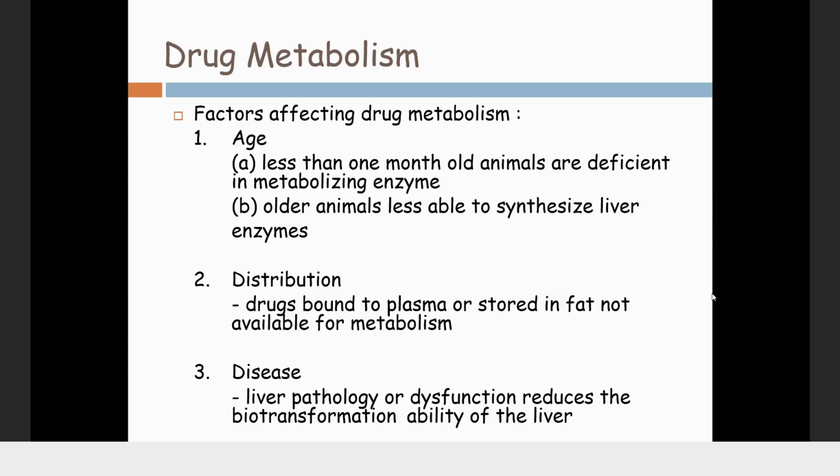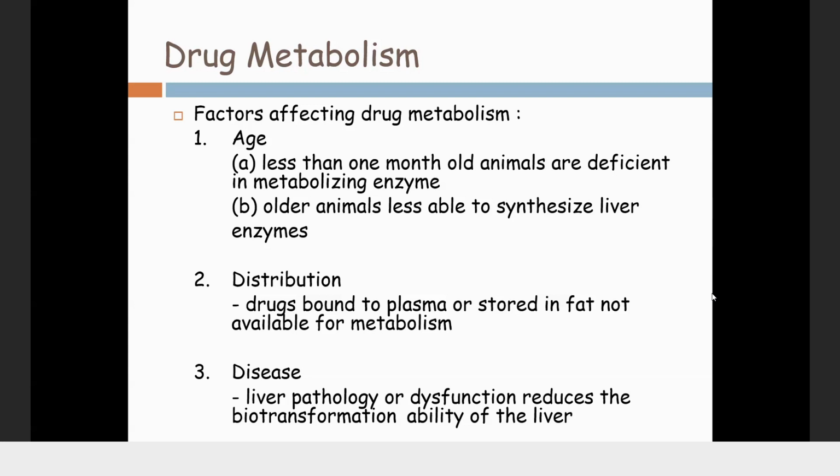Number three, disease. Liver pathology or dysfunction reduces the biotransformation ability of the liver. So if animals have a liver problem, usually before we treat them, we will check the liver function, kidney function, and so on.